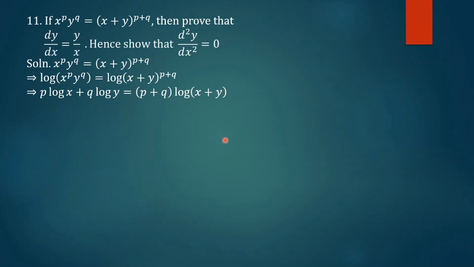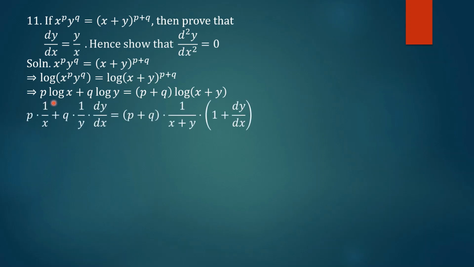Now you differentiate. So differentiating with respect to x, you have to write this one. I have forgotten to write here, but you are to write differentiating with respect to x, because the function is an implicit function. Therefore that line is compulsory. So differentiating with respect to x, p remains the same because it is a constant number.